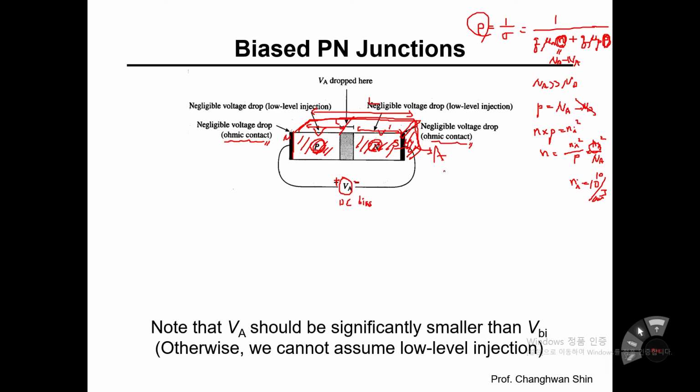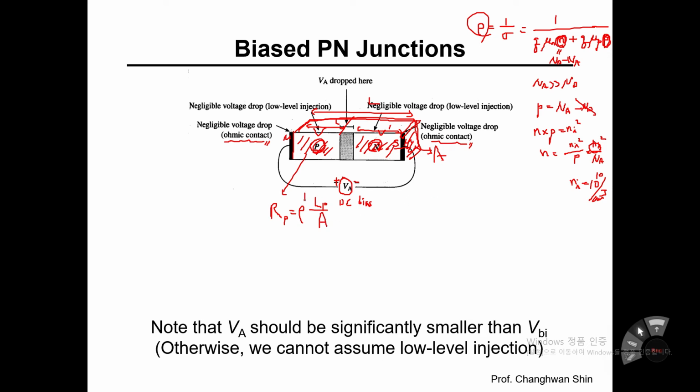Once you know the length and cross-sectional area, you can simply derive the resistance of the P side, which is the resistivity times the length of the P side divided by the cross-sectional area.